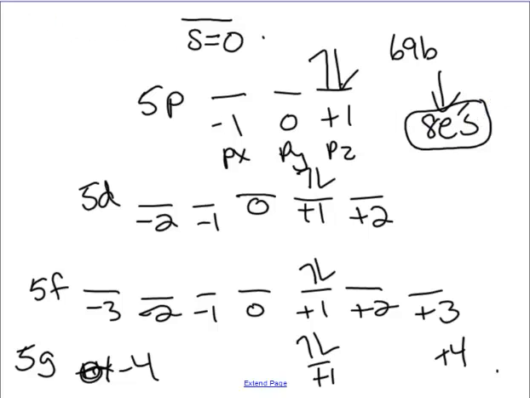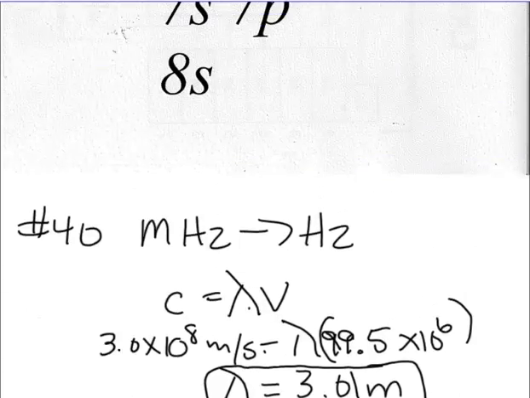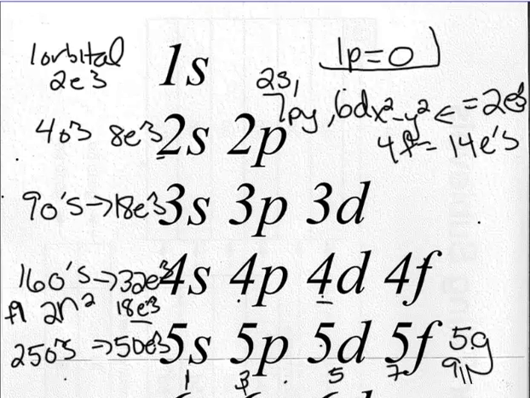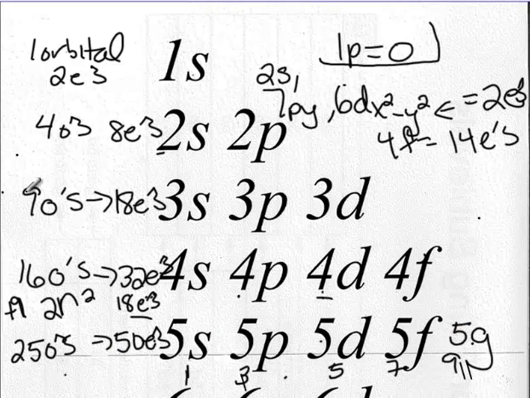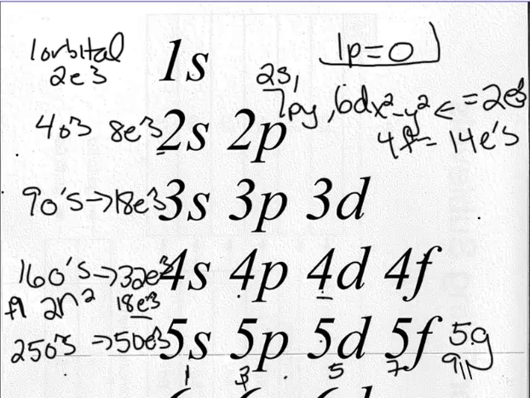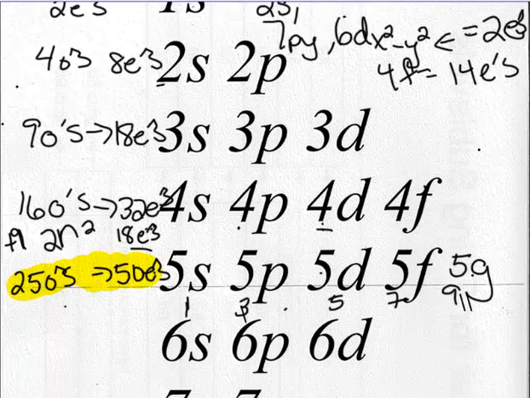Now, if you look at 69c, it's a similar pathway. You have to use that hypothetical g sublevel. In the 5th energy level, we can have a potential for 25 orbitals and 50 electrons, which is not totally foreign.